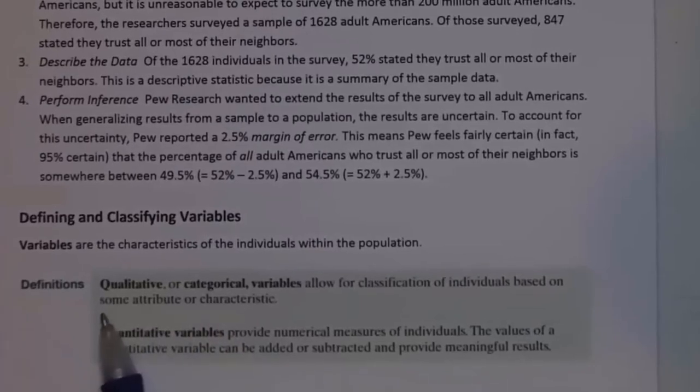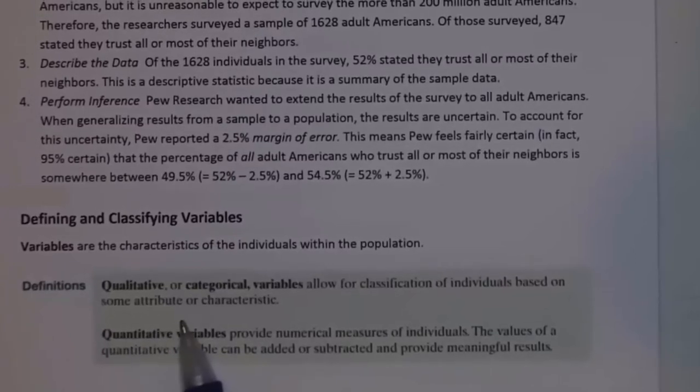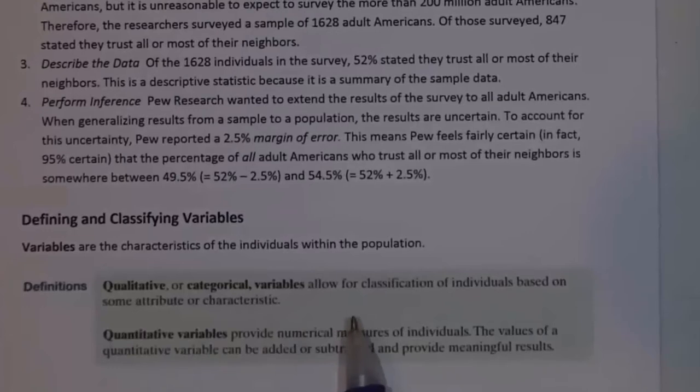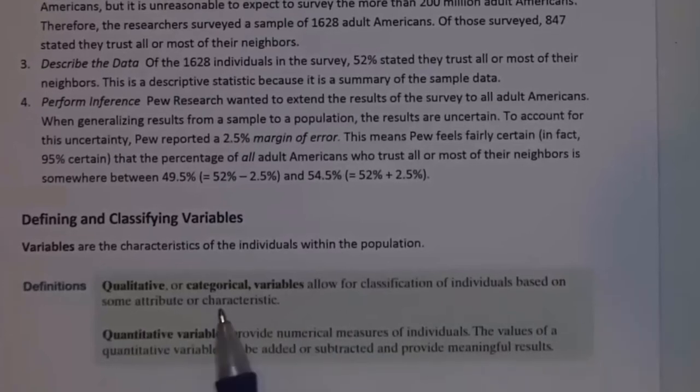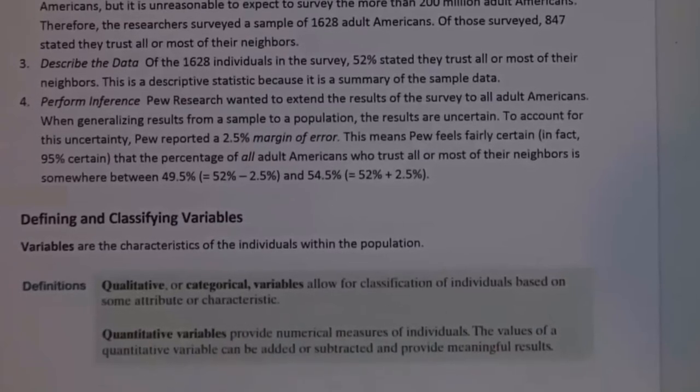Now, there are really two main types of variables: qualitative variables and quantitative variables. A qualitative variable is also sometimes called a categorical variable, and those variables allow for classification of individuals based on some attribute or characteristic. Basically, we can categorize individuals by those qualities.